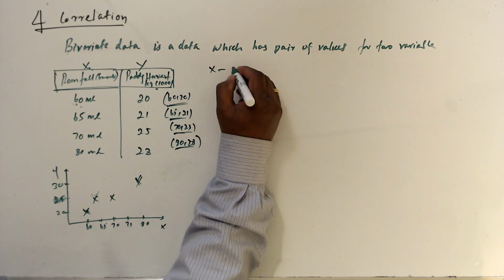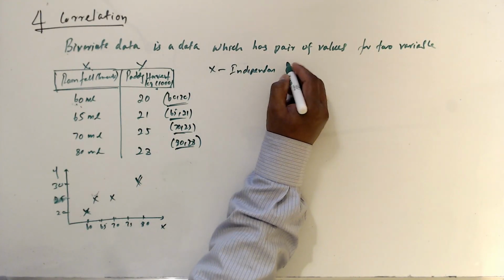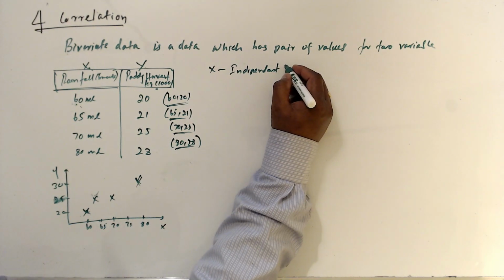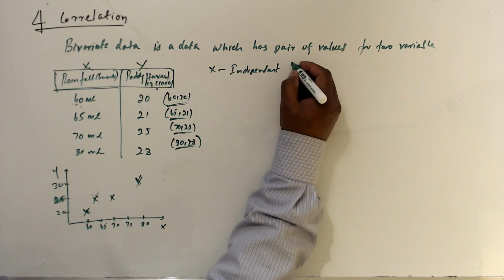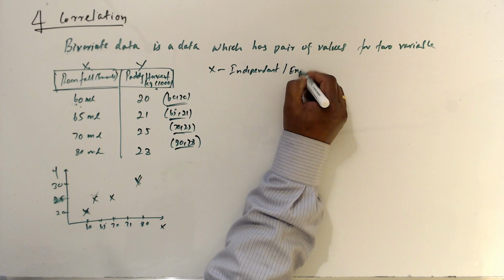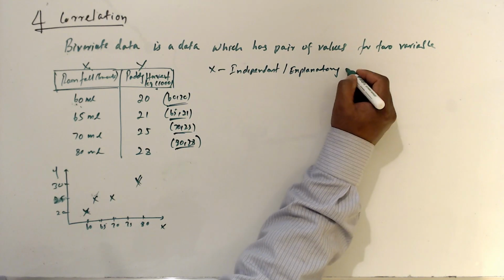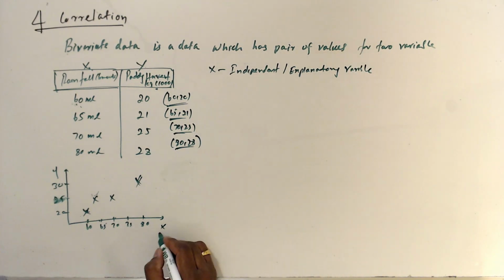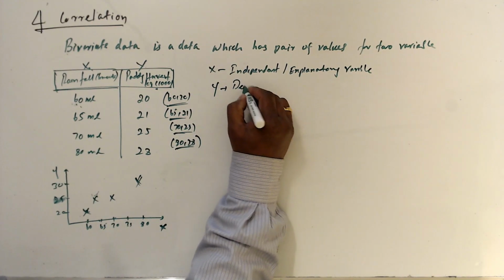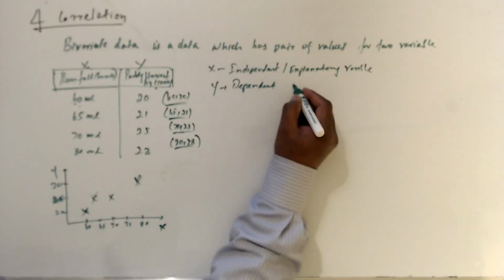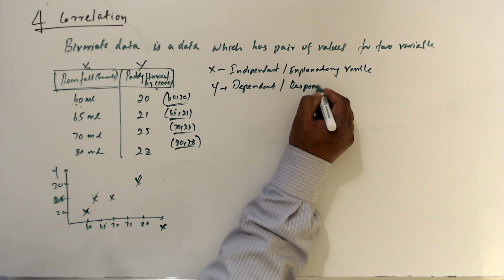Usually we say that this x is the independent variable, or the explanatory variable, and the y variable we call the dependent variable or response variable.